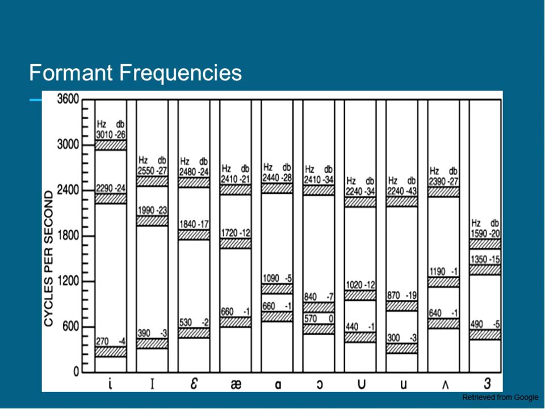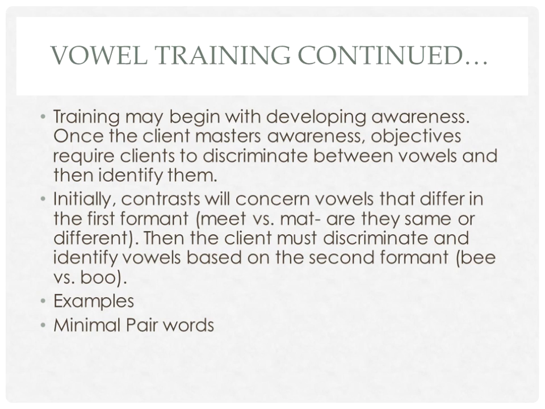Or purchase one of these commercial programs that does it for you, that gives you stimuli, picture cards, that will help you do that so that you don't have to actually work through every single set of stimuli.